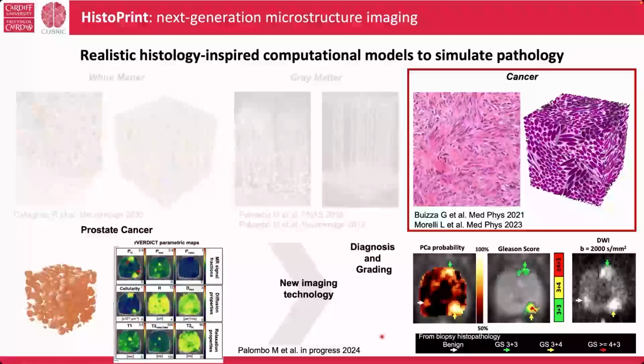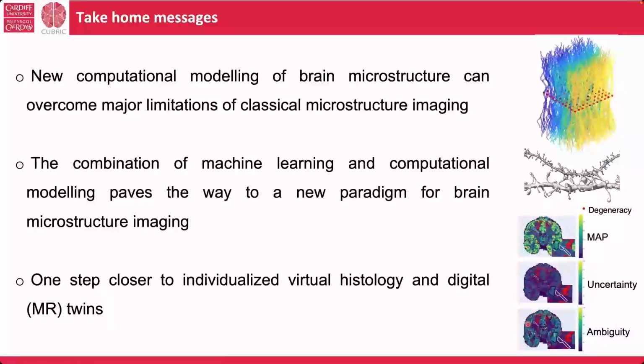So with this, I want to conclude, and I tried to give you an overview of the work we have been doing on computational modeling and how we believe this can be combined with microstructure imaging to overcome some of the limitations of the current works.